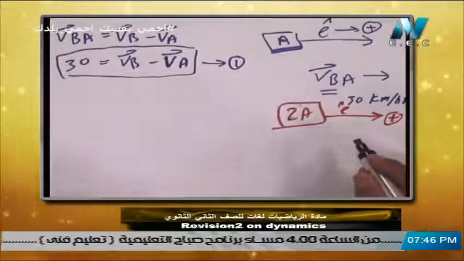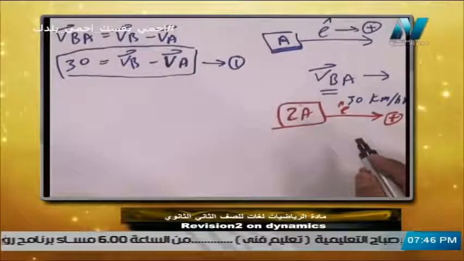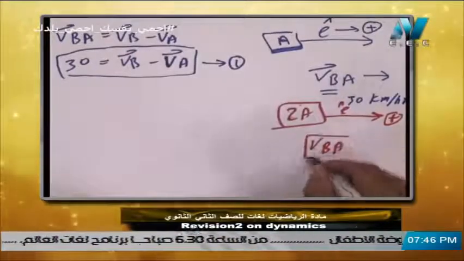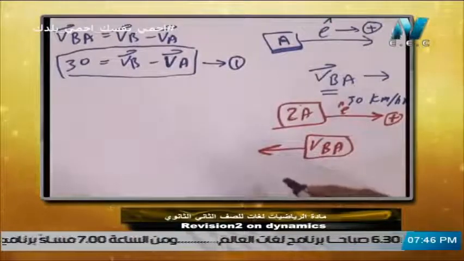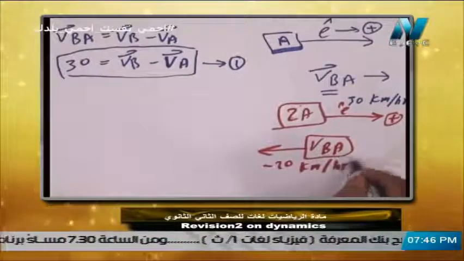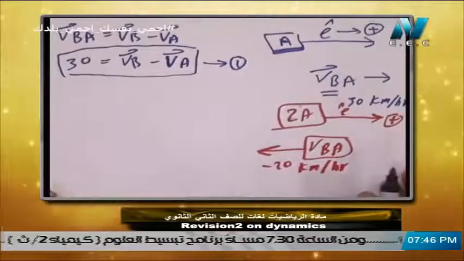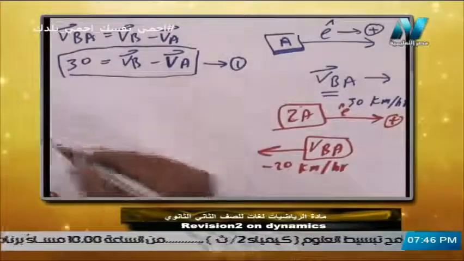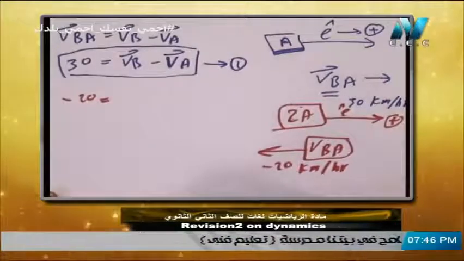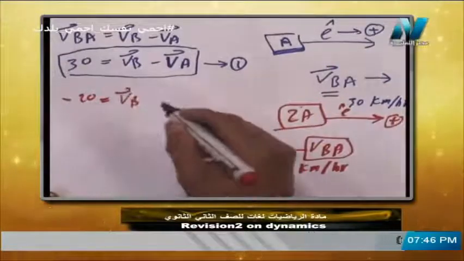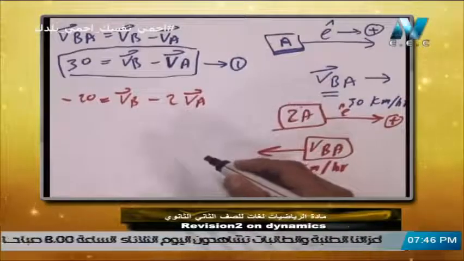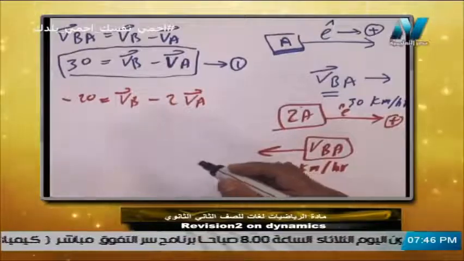Okay, he feels that VBA moves in the opposite direction with 20, so it will be negative 20 km/h. By applying the rule again, VBA equals negative 20, equals VB minus double VA, because he doubled his velocity. And this is equation number 2.